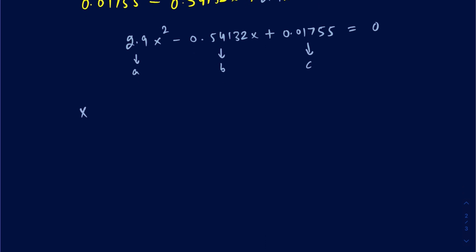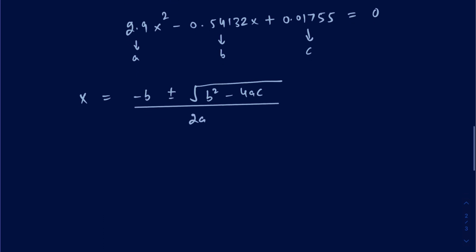When you use the quadratic formula, it's going to be minus B plus minus the square root of B squared minus 4AC, divided by 2A. All right, so that's the quadratic formula that you want to be using here. So let's just go ahead and plug these numbers in.